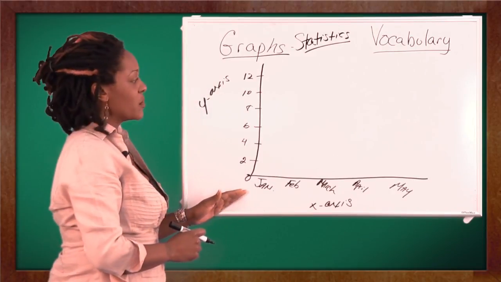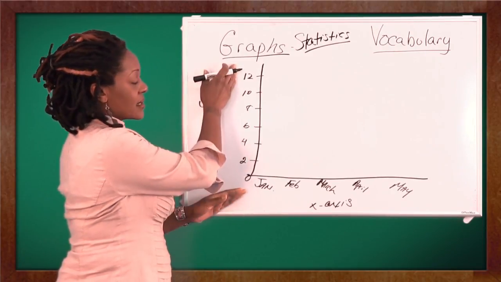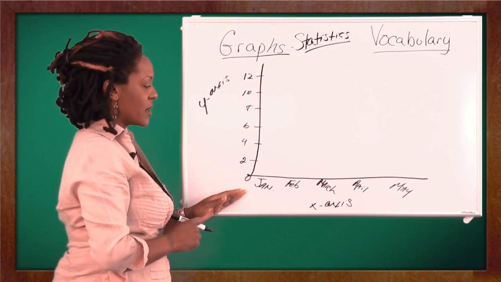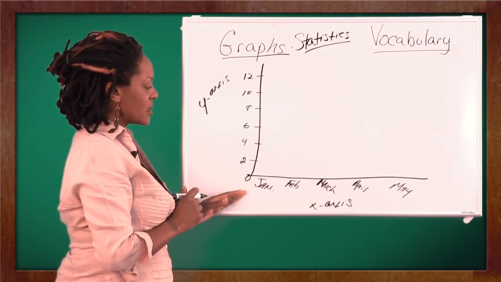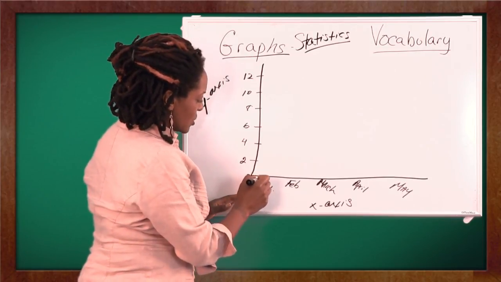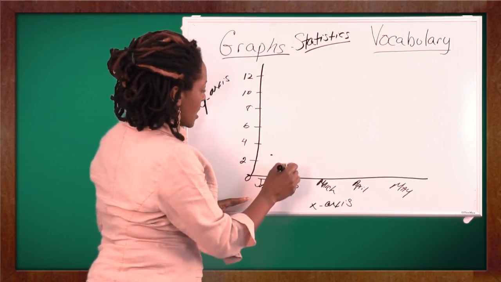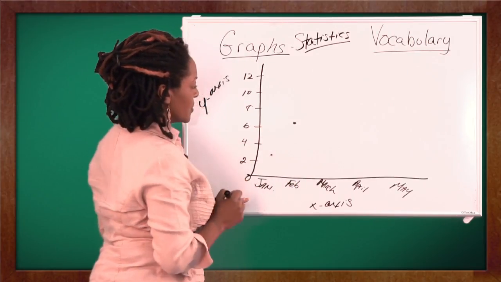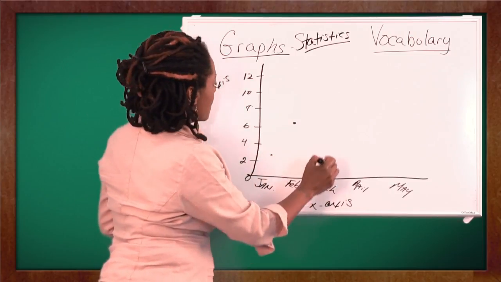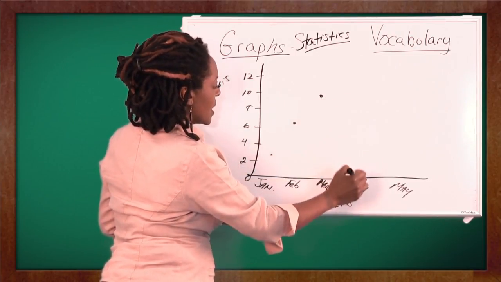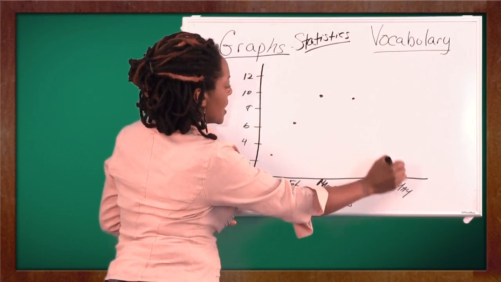January, February, March, April, May. And here on the y-axis, we have some values, some number values. So I'm going to start to plot some points. And let's say here at January, our number came up to 3. Here in February, make that right about there. March, April, and May.